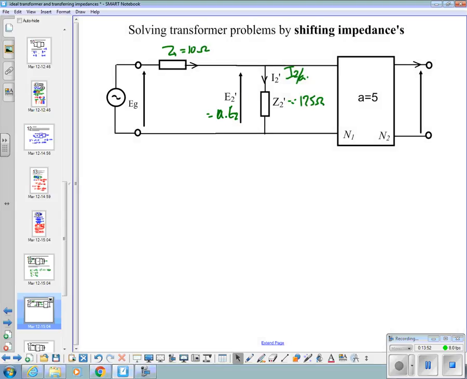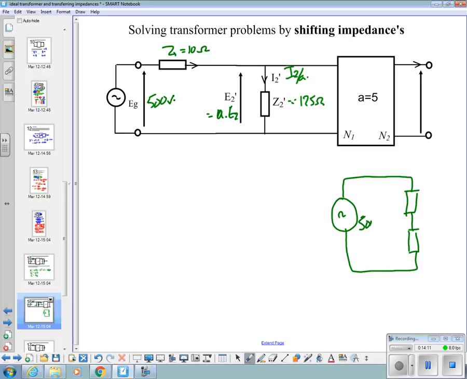Two impedances in series connected to one voltage, 500 volts. So if it helps, you can just go, I got that, 500 volts, 10 ohms, and 125 ohms. That's what I've got. Yep.